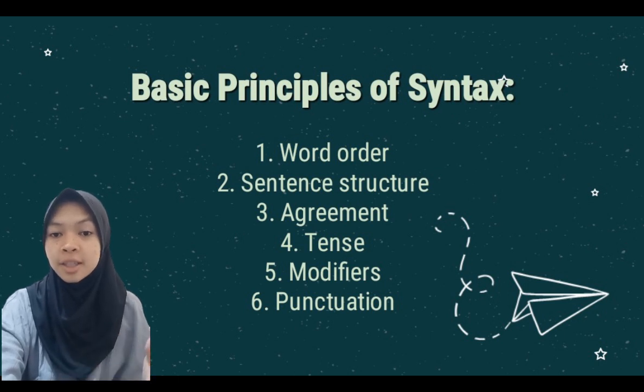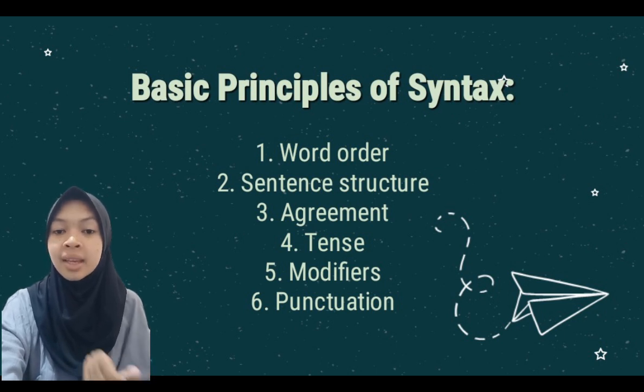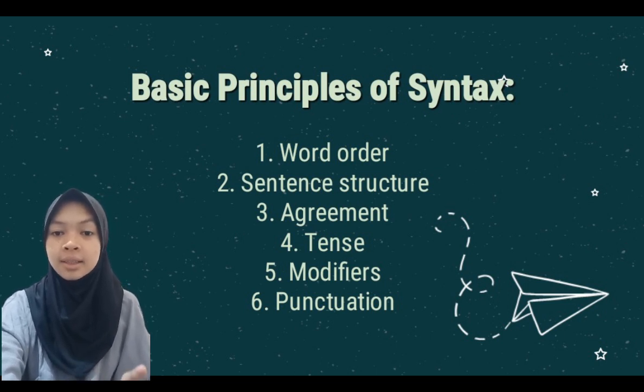Word order explains that words in a sentence have a specific order such as subject, verb, and object. For example, the cat catched the mouse. The cat as a subject, catched as a verb, and the mouse as an object.